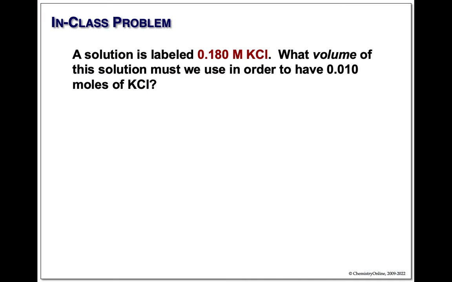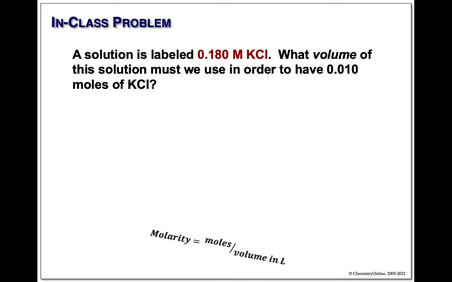We have a solution that's 0.18 molar KCl. To do our reaction, we want 0.01 moles of KCl. What volume of our stock solution here do we need? Kind of like a real lab problem, right?